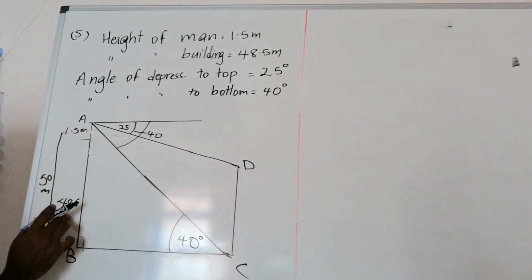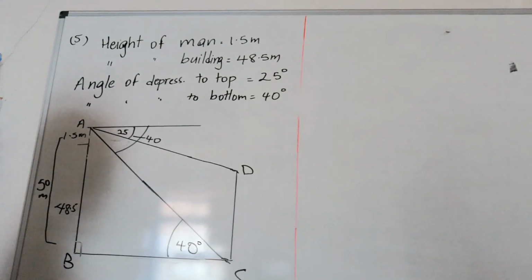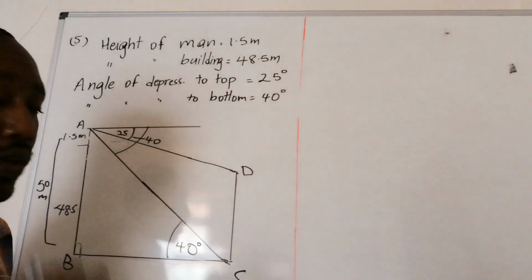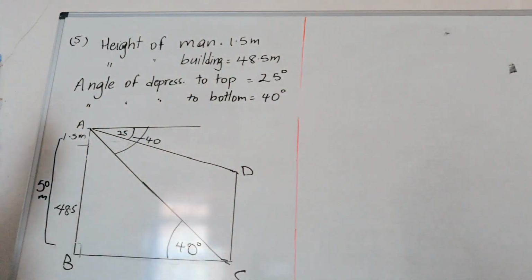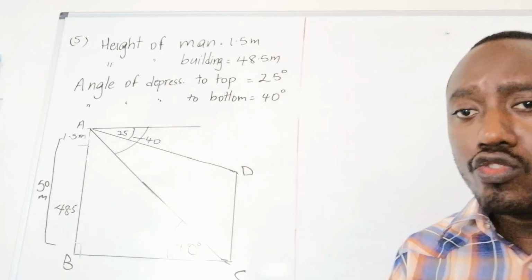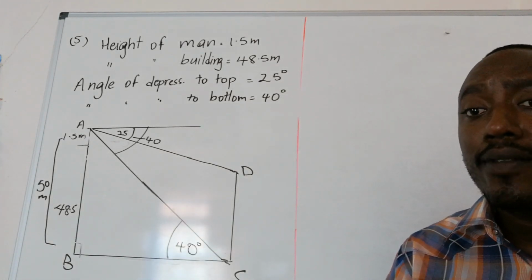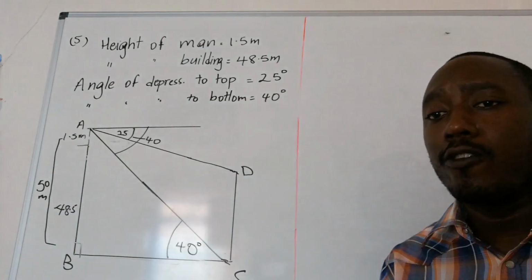We have the opposite, and AC represents the hypotenuse. So if we're dealing with a right angle triangle and we have the opposite and the hypotenuse, which ratio are we speaking about? Yes, that will be our sine ratio.